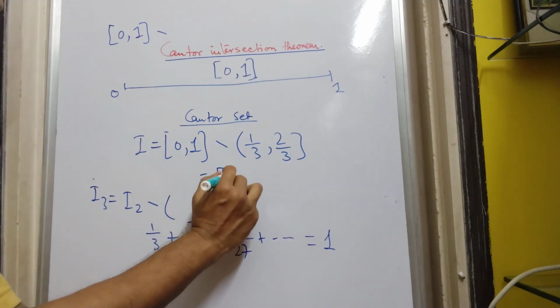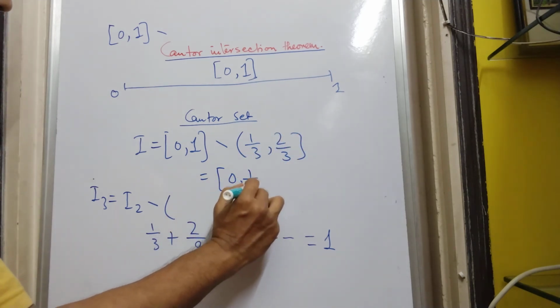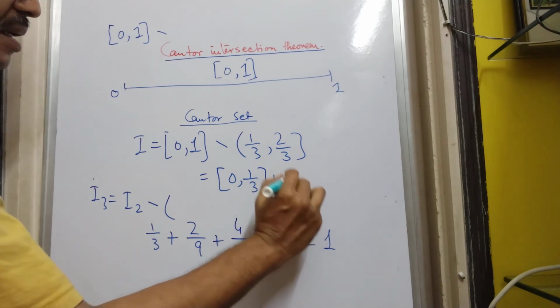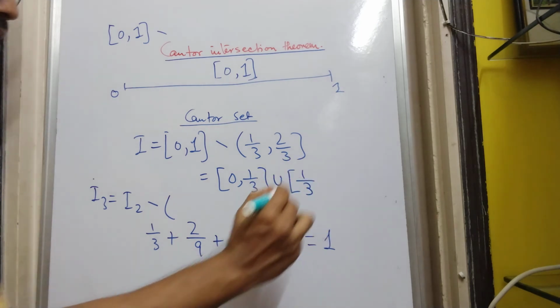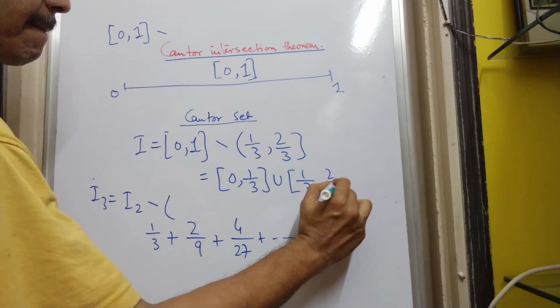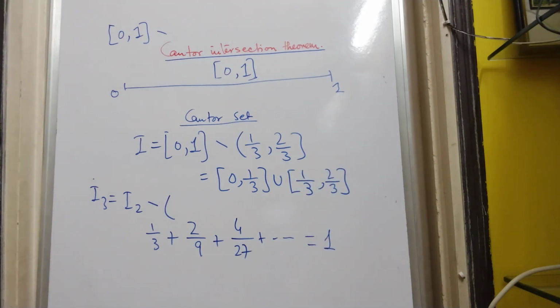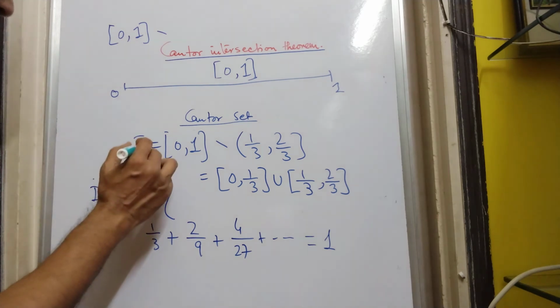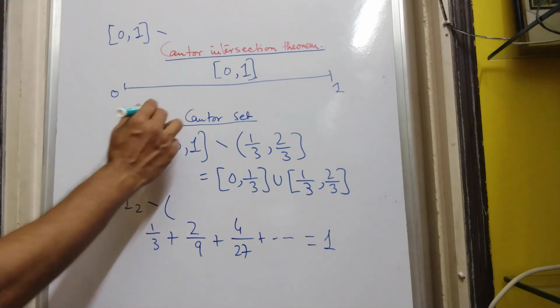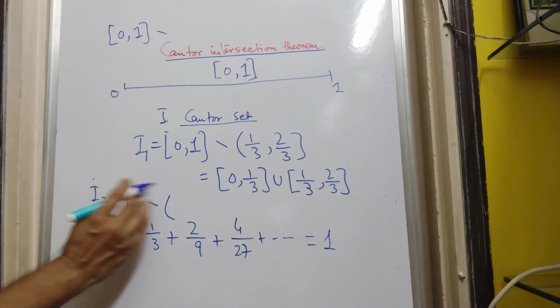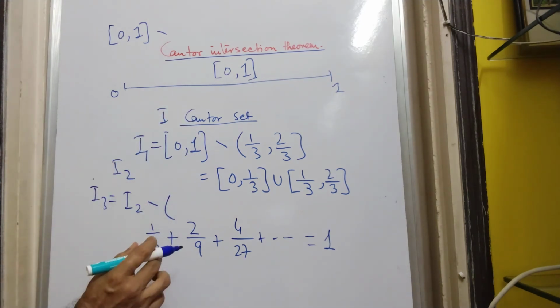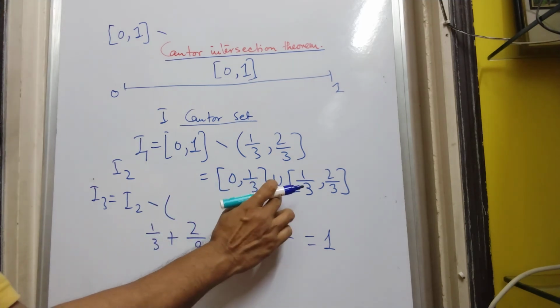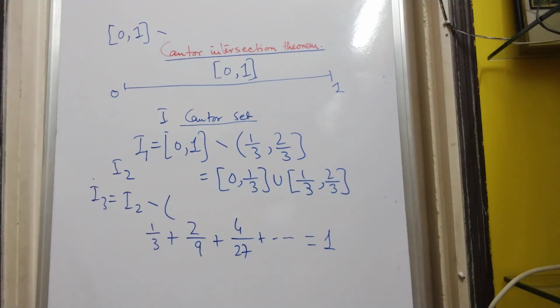So we may write it as I1, I is this, and then we have I2, which is 0 to 1 by 9, then union 2 by 9 to 1/3, and so on.